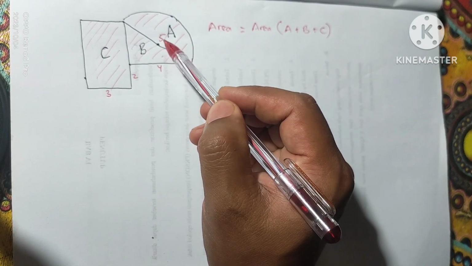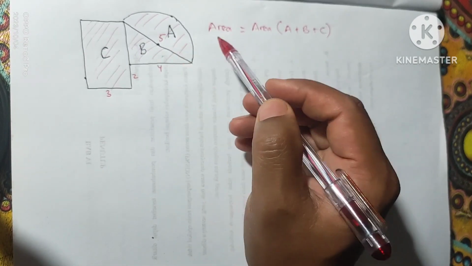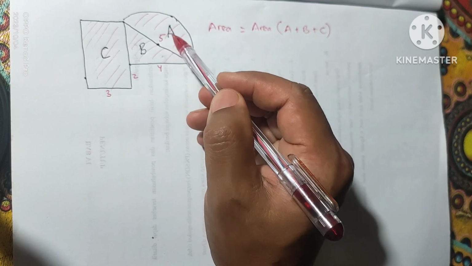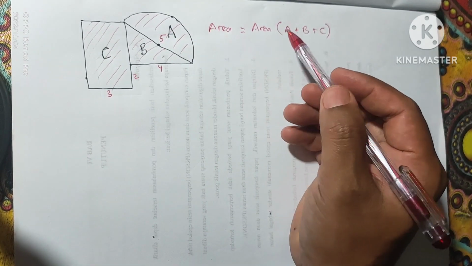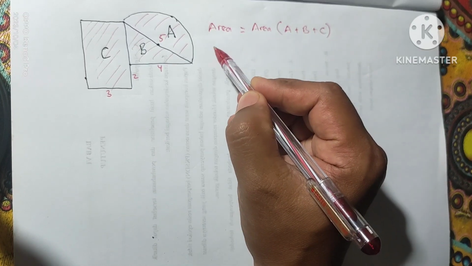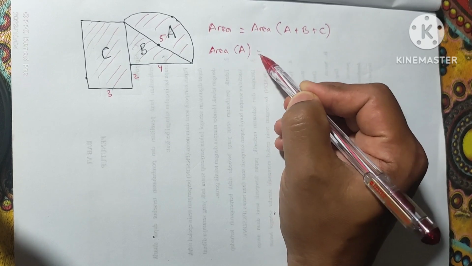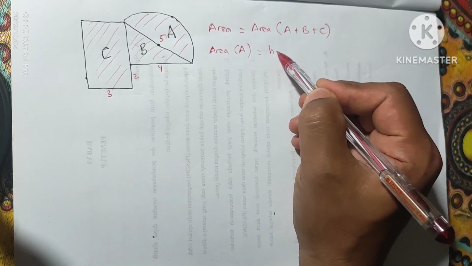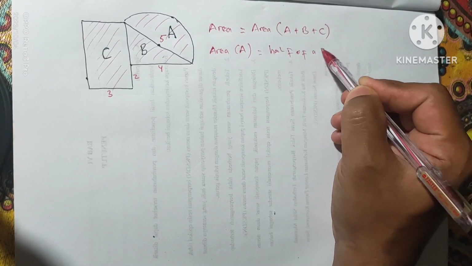Let's say we start from area A, and we know that from this picture, area A is half of a circle. The area of A is the area of half of a circle.